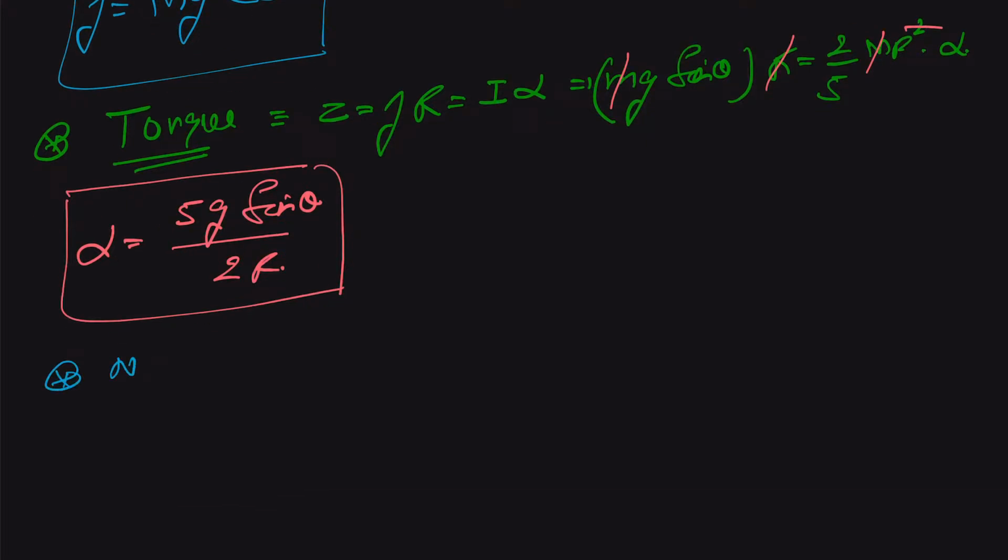We are given that there is also no slipping. So we have no slip, which means that the acceleration of the point of contact should be equal to the acceleration of the plane.